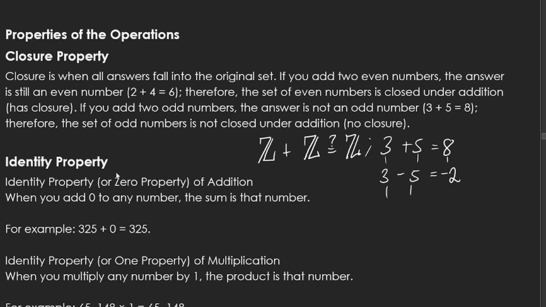We have here the identity for addition and multiplication. For addition, to find the identity property is simply get any number you're going to add. Since we're in addition, it's inverse. A number, adding its inverse will result in the identity, which is 0. Because the identity property of addition is when you add 0 to any number, in this case 325, it will also give you that number.